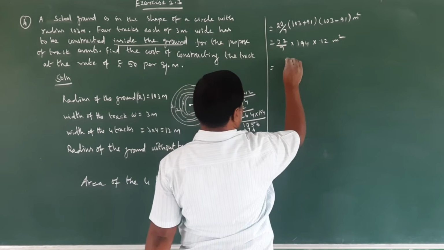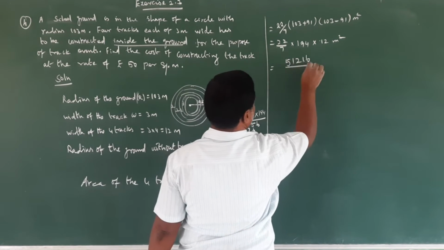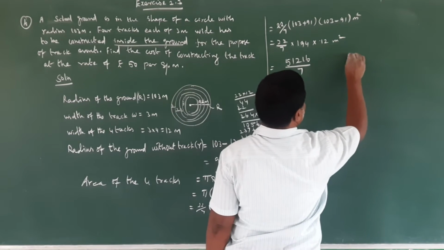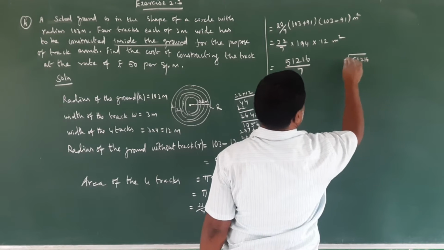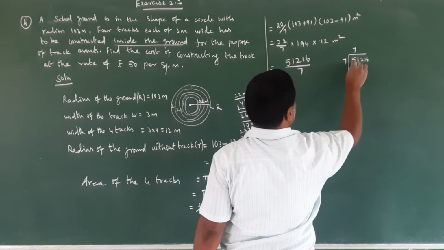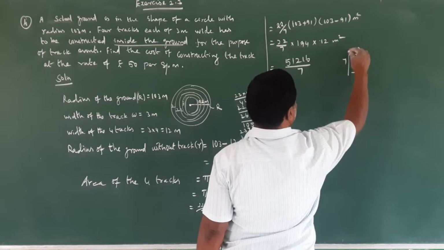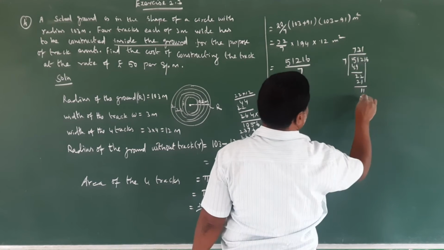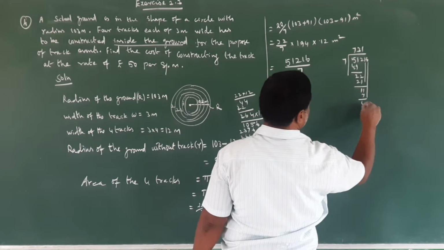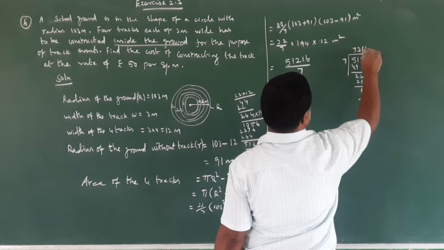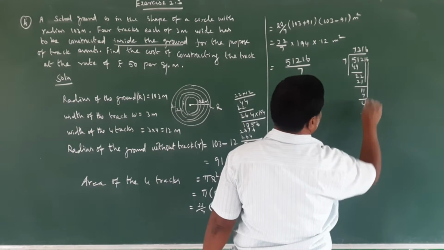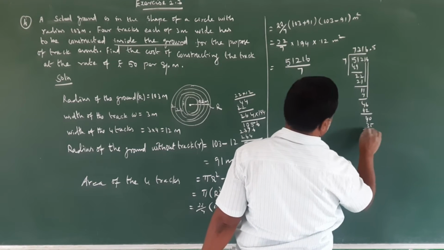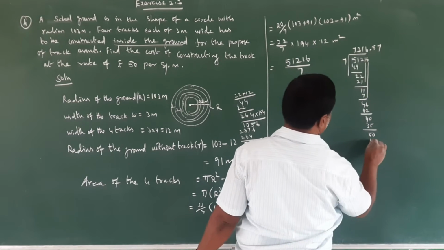Now you divide 51,216 by 7. 7 sevens are 49, remaining 2. 3 sevens are 21, remaining 1. 1 seven is 7, remaining 4. 6 sevens are 42, remaining 4. 5 sevens are 35, remaining 5, 0. 7 sevens are 49.